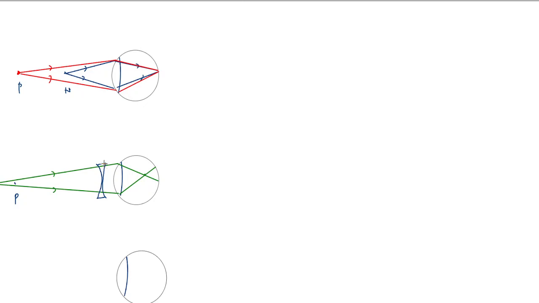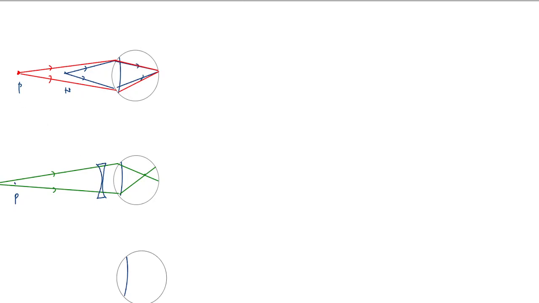This concave lens by its own doesn't form the image on the retina. Rather, this concave lens would form an image at the point P. That is, the image of the object R is formed at the point P, because from the point P the eye can see on its own. Many students think that this lens forms an image directly on the retina, which isn't the case, because this lens forms the image at the point P, because of which it can be seen clearly.